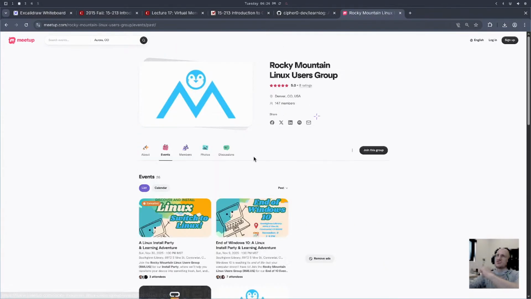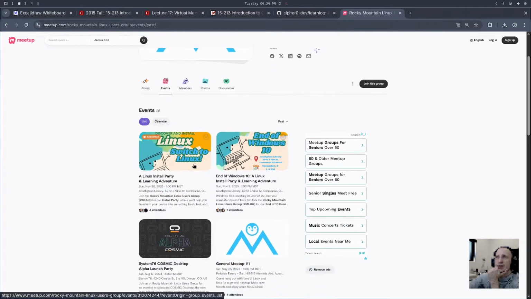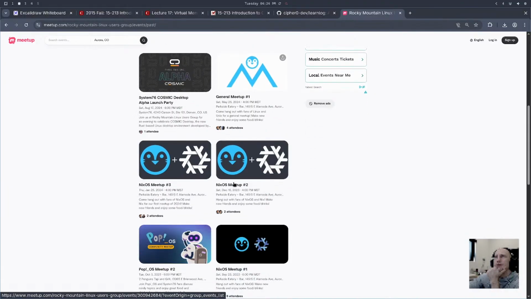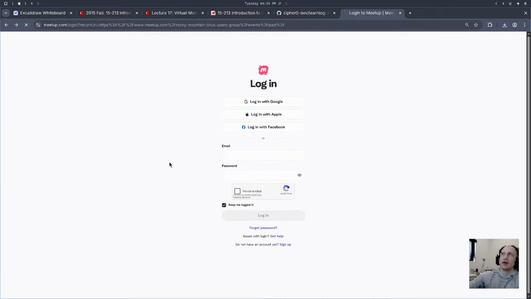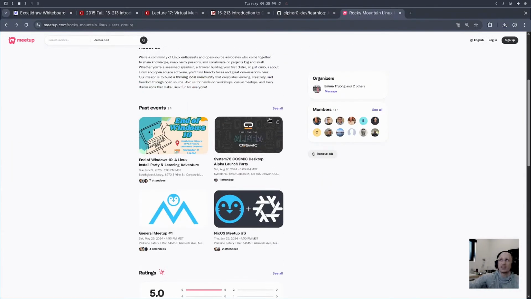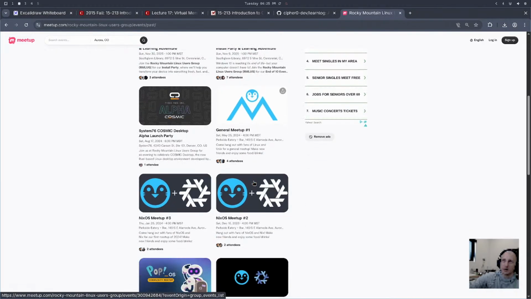System76 is a Linux vendor here in Colorado. These are install parties. So, a NixOS meetup. I don't do NixOS, but conceivably, if you are interested in NixOS, you could give a presentation on something related to NixOS at the meetups.